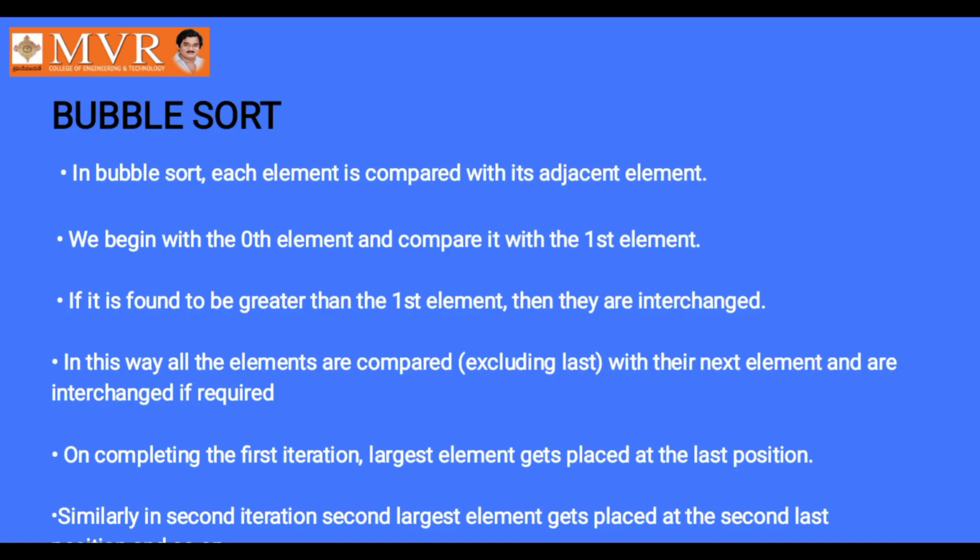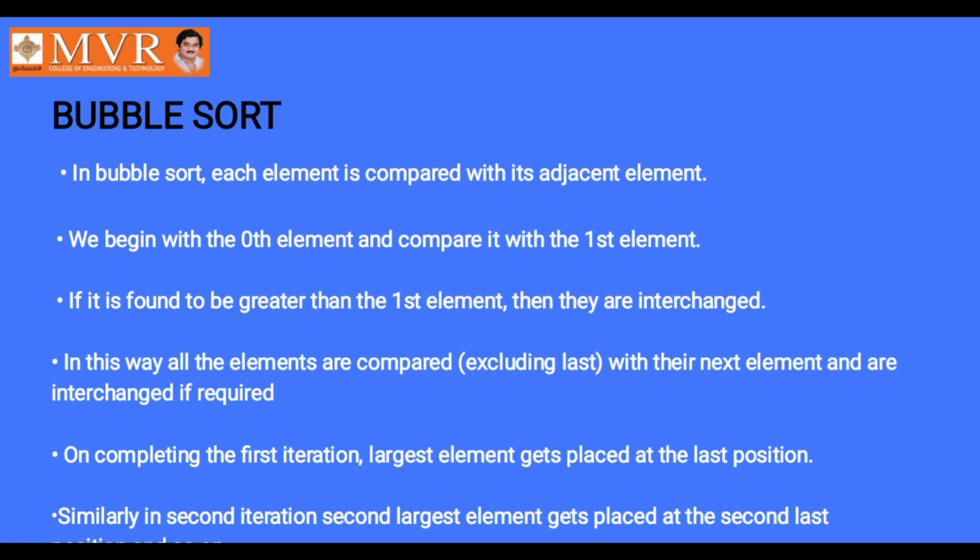In bubble sort, each element is compared with its adjacent element. We begin with the 0th element and compare it with the first element. If it is found to be greater than the first element, then they are interchanged.